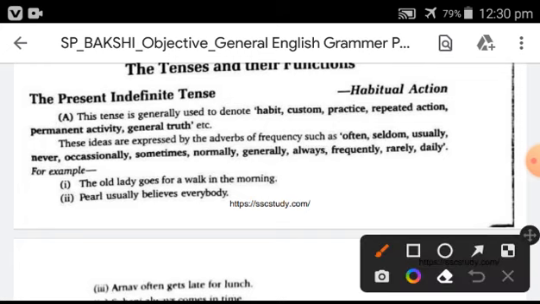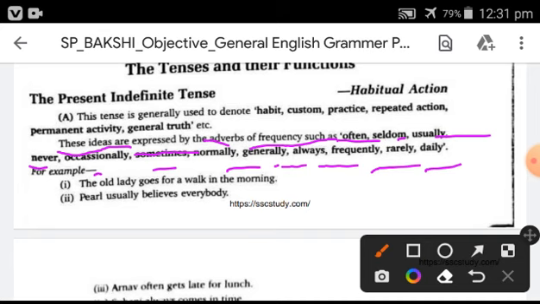These ideas are expressed by the adverbs of frequency: often, seldom, usually, never, occasionally, sometimes, normally, generally, always, frequently, rarely, daily, and many more. These are the adverbs of frequency.